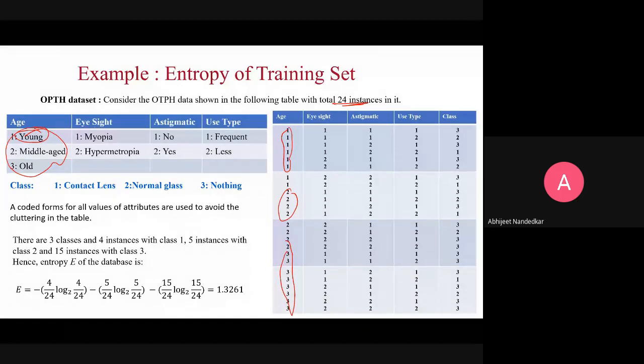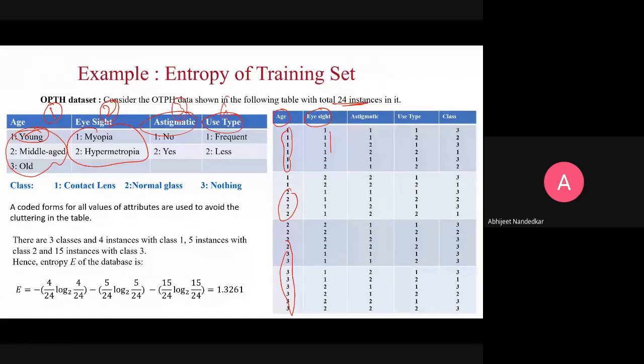Then there is feature number 2, which is eyesight, and it has two values, so they are coded here. Then this feature, and then use type. So we have in total three features.